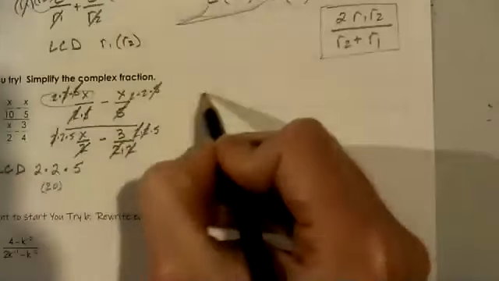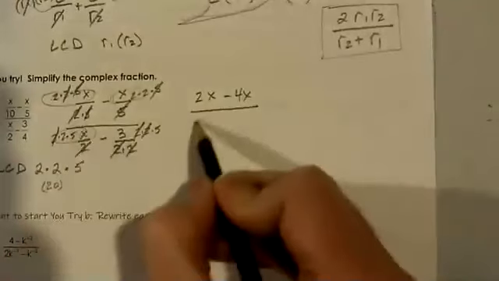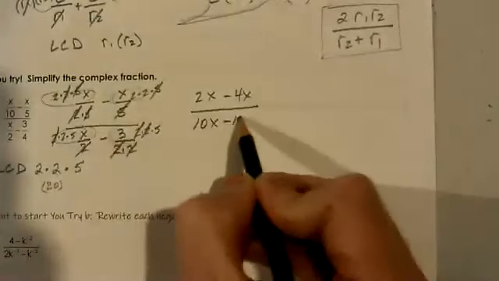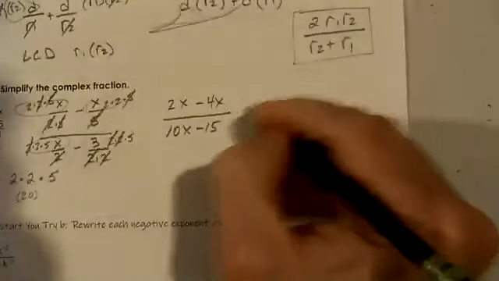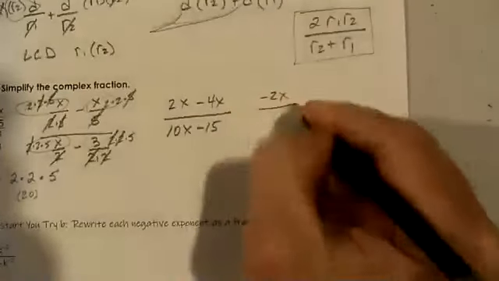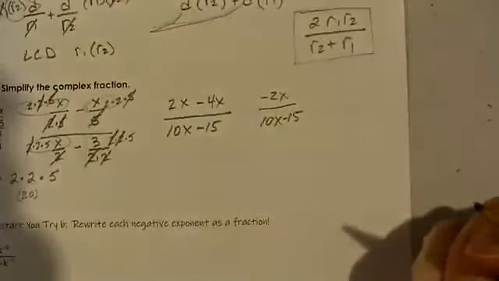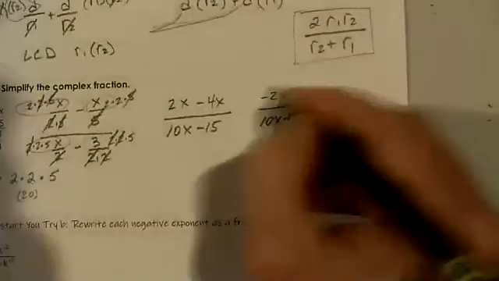So that's going to give us a 2x minus 4x. That's going to give us 10x minus 15. So that would be negative 2x over 10x minus 15. We could factor a 5 out of that, but that wouldn't help us. So that would be our answer.